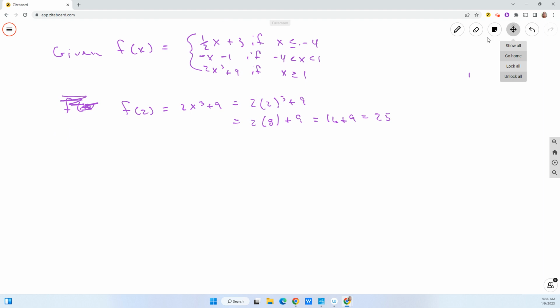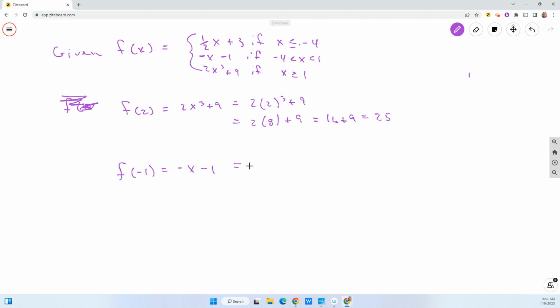What if I have f of negative 1? f of negative 1 is between negative 4 and 1. And so we would just use this middle equation. So we'd use minus x minus 1.